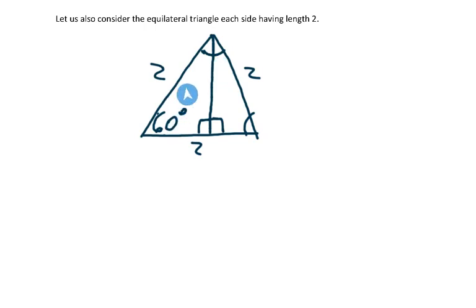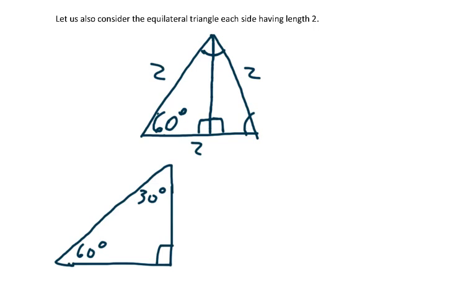So we have angle, side, angle. So what we have then is really a 30, 60, 90 triangle. So let me draw that here, like so. We have 30 degrees, here's 60 degrees, here's 90 degrees.